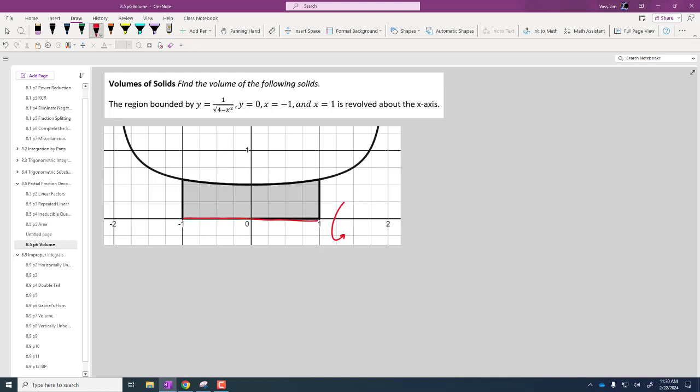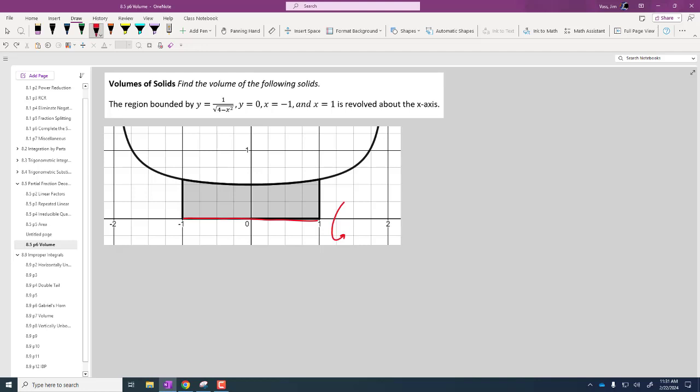The shell method will not work here because it's not horizontally simple. For a shell method, you have to have parallel to the axis. If we try to draw a horizontal line there, we're hitting the curve. It'd be a pain in the neck. We'd have to break it into two and it would be a nightmare.